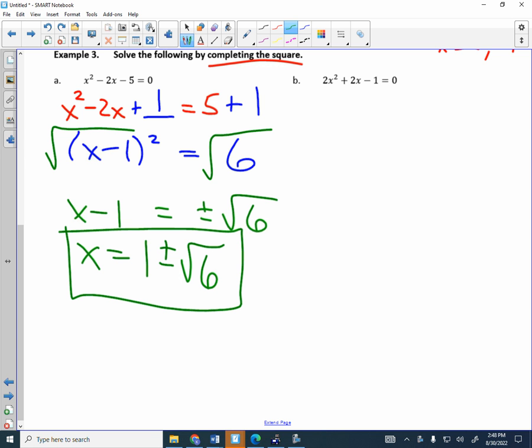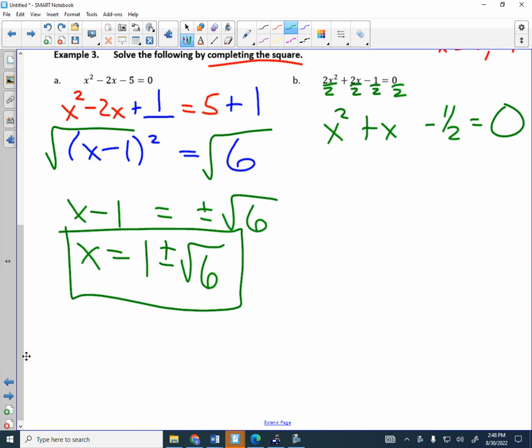Here we go. This one, 2 is not a perfect square. So what do? Divide. Look at that. X squared plus x minus a half is 0. Now I don't have the 2x squared.